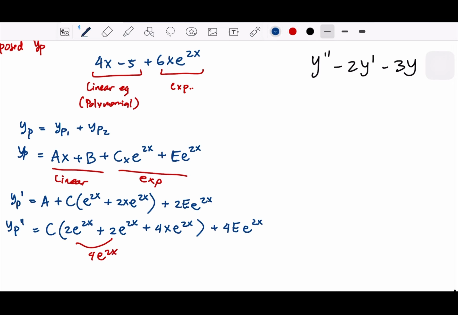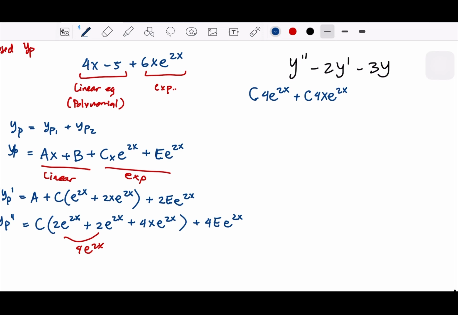Okay. So 4e to x c, and then plus c for x e to x, and then plus e.